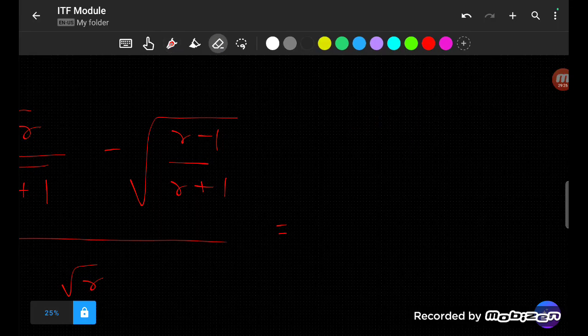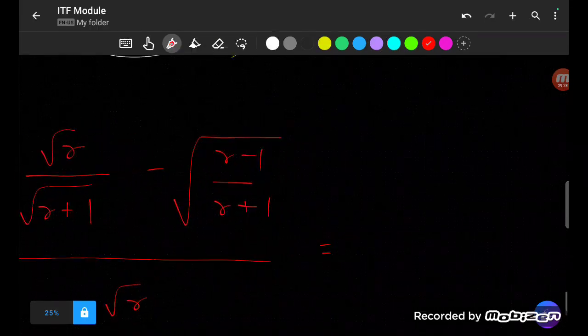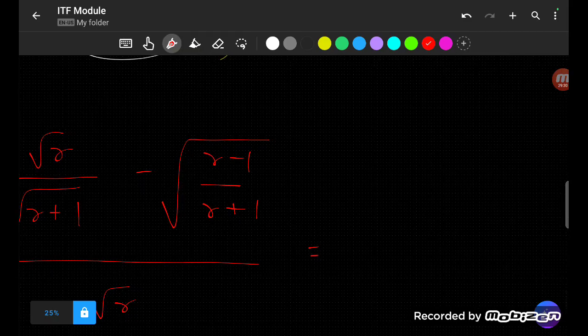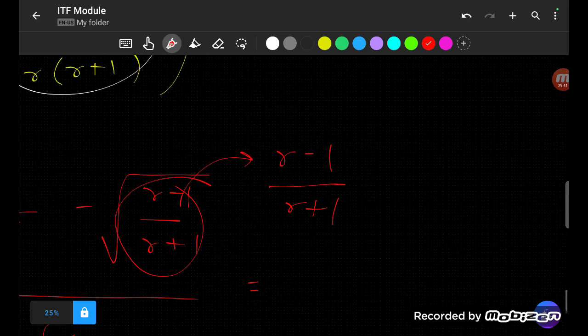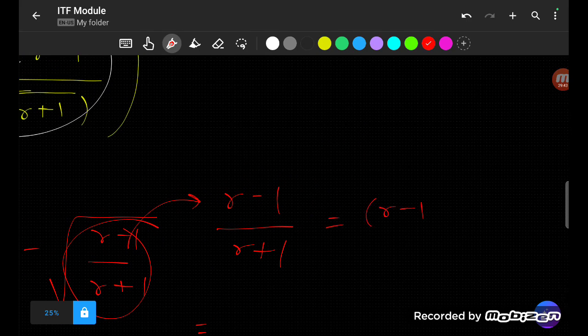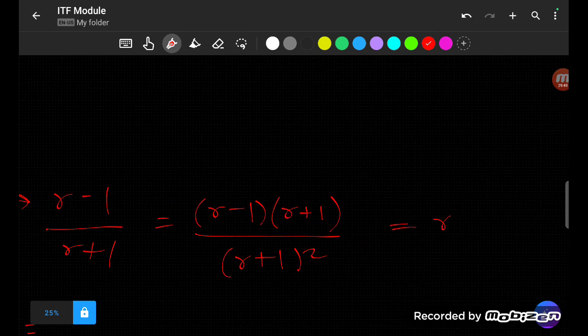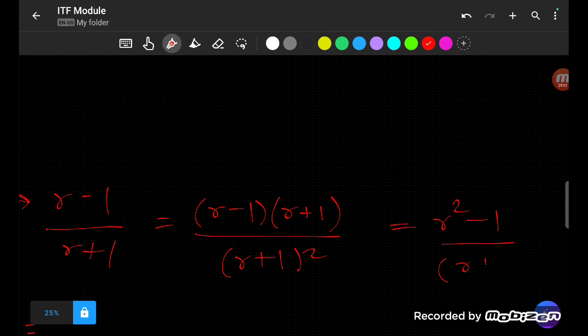So this will be pretty much still the same, but here I could write this r minus 1 upon r plus 1, r minus 1 into r plus 1 upon r plus 1 square, which becomes r square minus 1 upon r plus 1.